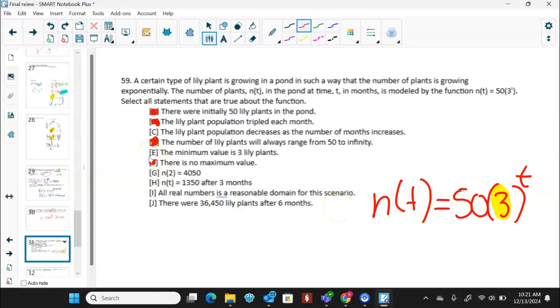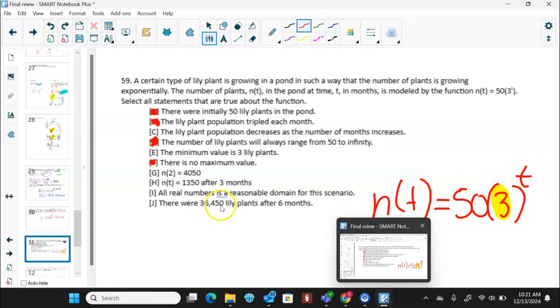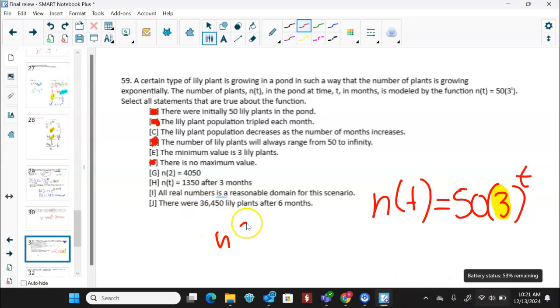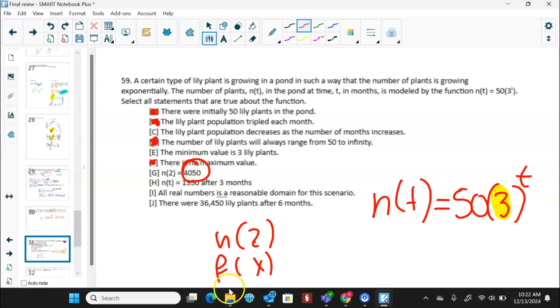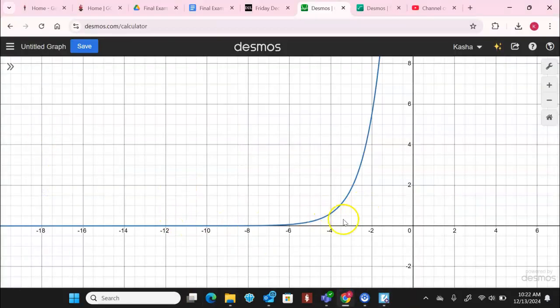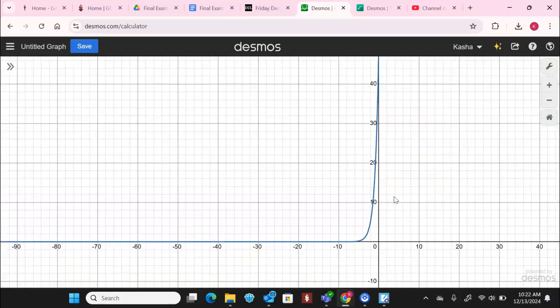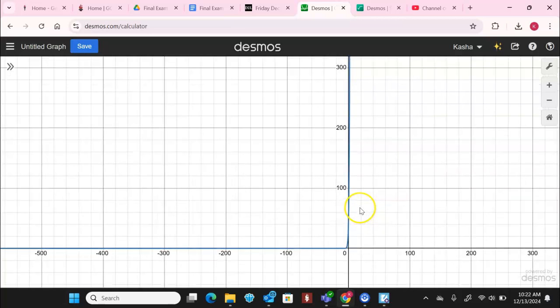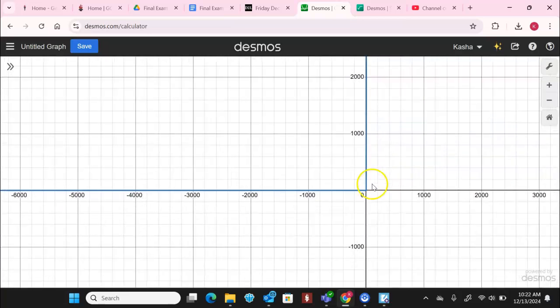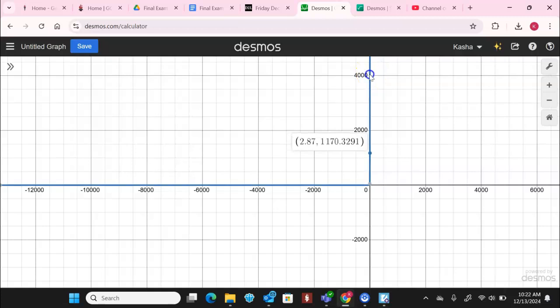Okay, next one. The N of 2 is 4050. So let's go, N of 2. So what does that mean? N of 2, that's like f of x, right? So they're saying that when x is 2, the value of y is 4050. So again, when x is 2, well, that's not true because x is right here. Okay, so let's see. You would have to go all the way up to, what did they say? 4,050.